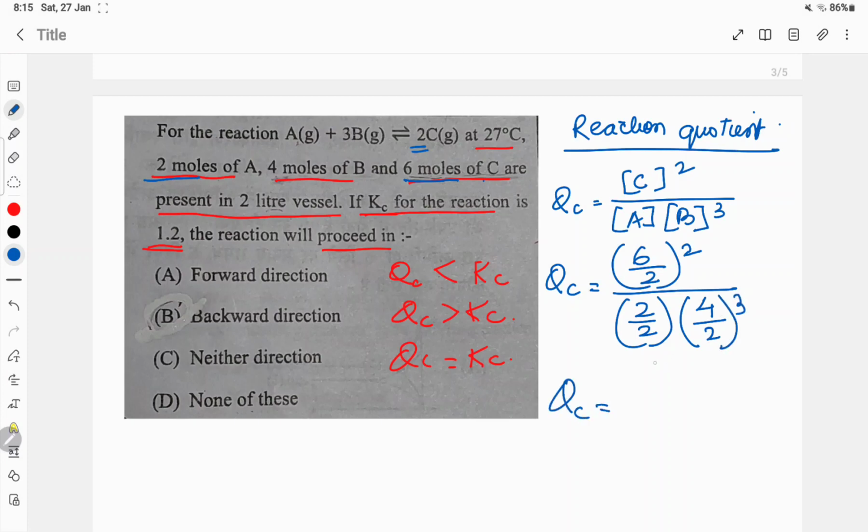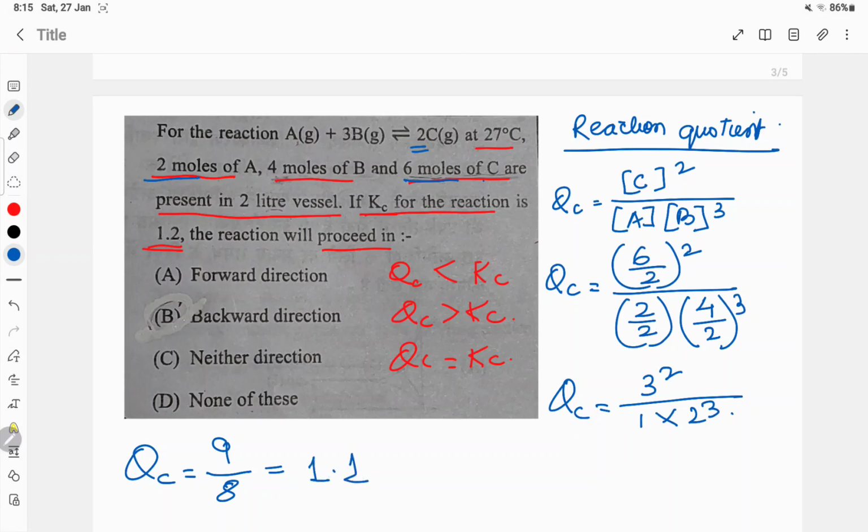Qc is equal to 3 squared divided by 1 into 2 cubed. Qc is equal to 9 by 8, which is about 1.1.